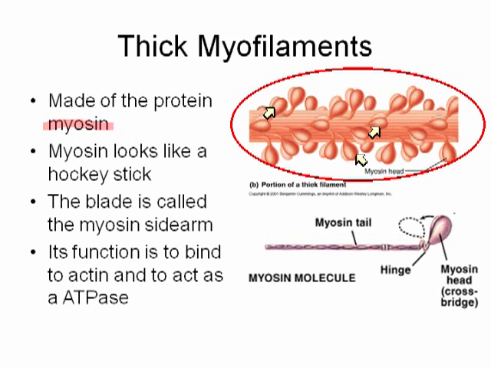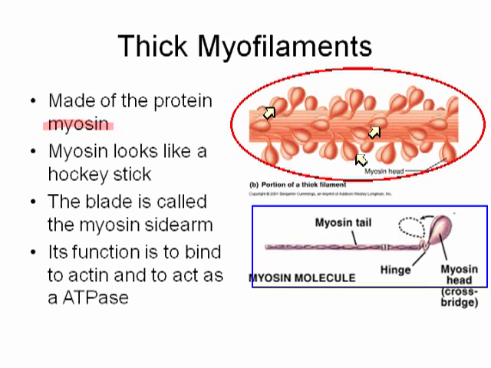So coming off of this protein, there are these extensions that are perfectly illustrated right here. And you'll notice that those little extensions that I referred to earlier as what appear to be punching bags have 2 components to them. They have a tail, and they have what we refer to as a sidearm or myosin head.